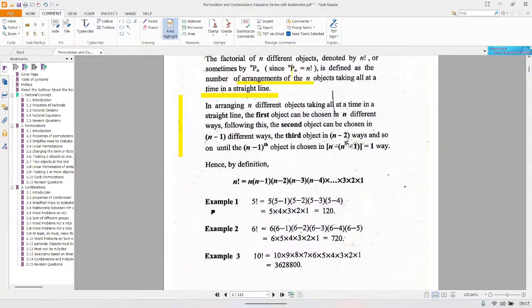That's the definition of the factorial. So n factorial is n times n minus 1, n minus 2, n minus 3, until you get to 1, because 1 is the last stop. So 5 factorial means 5 times 4 times 3 times 2 times 1. 6 factorial, multiply 6 downwards until you get to 1.